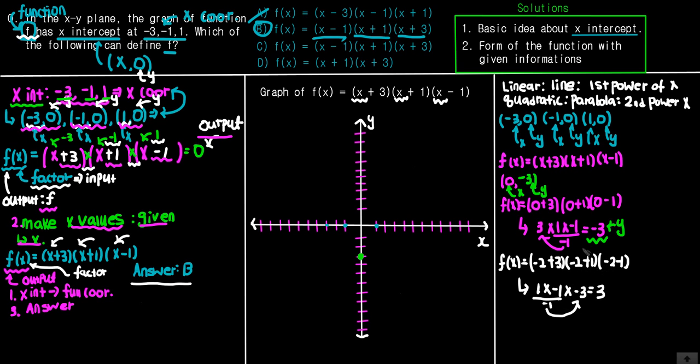That means when the x value is −2, the y value is 3. So it is right over here.